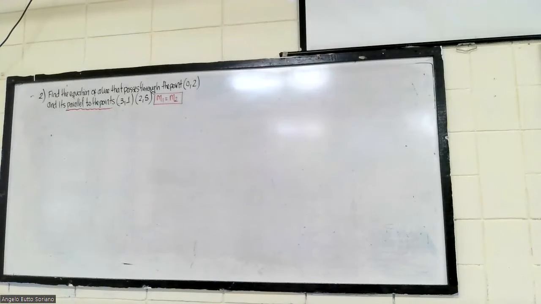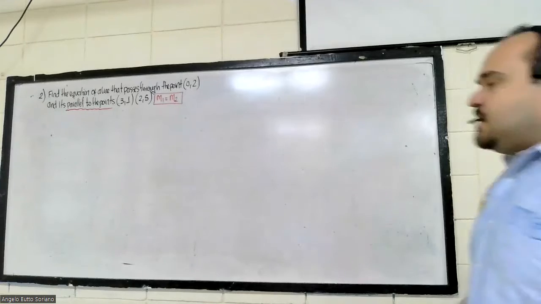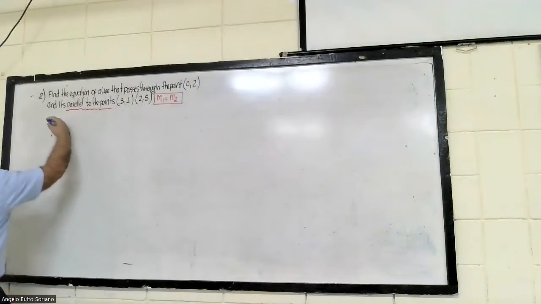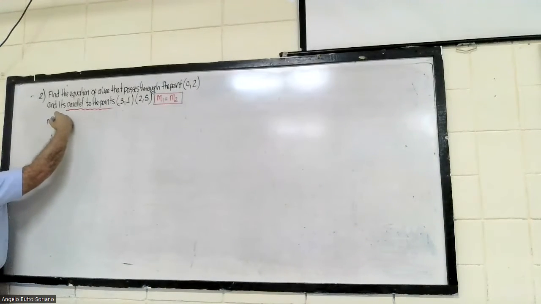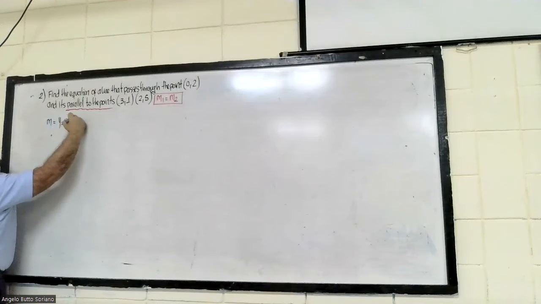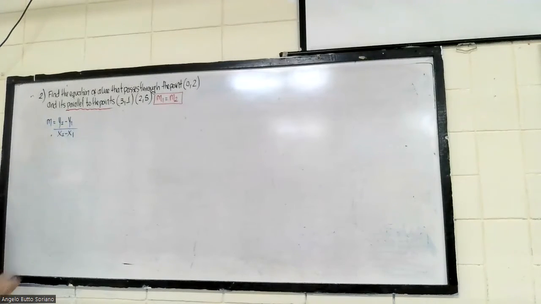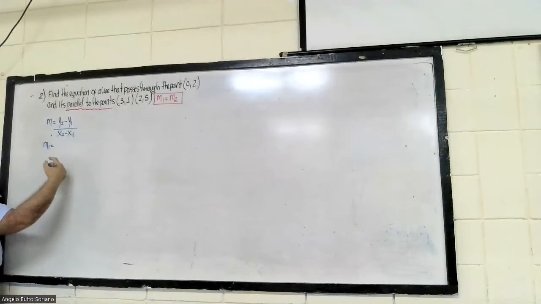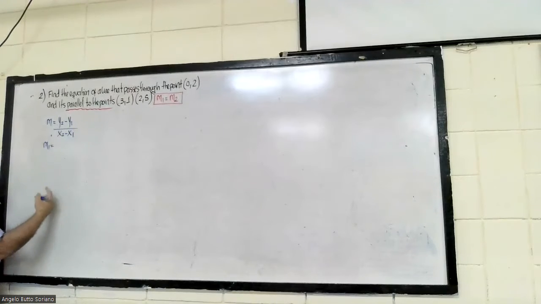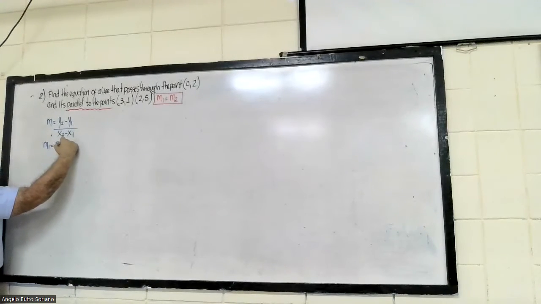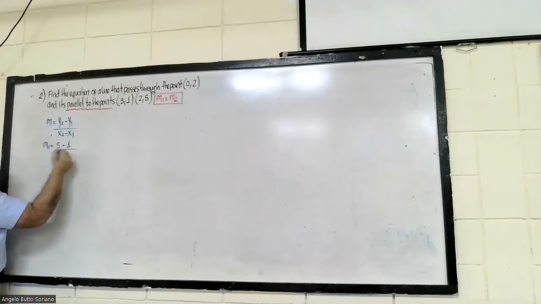Remember, the formula for the slope of the line is given by m equals y2 minus y1 over x2 minus x1. We could call this one m1 if you wish. So y2 will be 5 minus 1 over 2 minus 3.